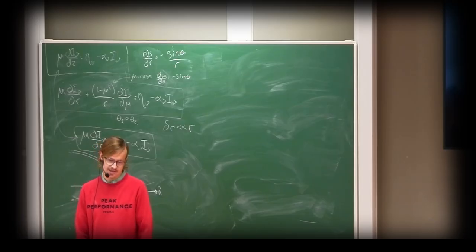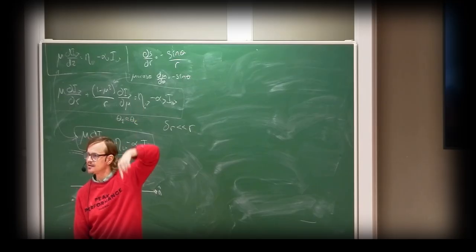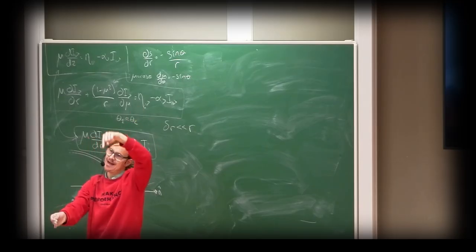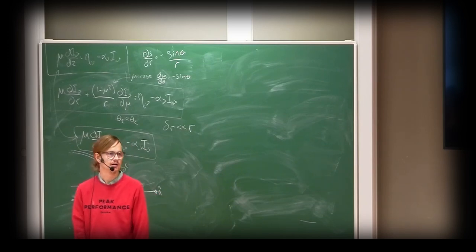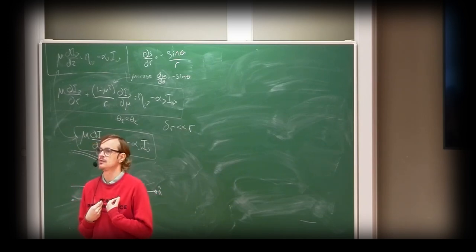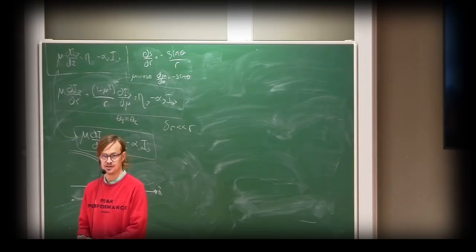It essentially means that the downward force of gravity is balanced by an upward pressure gradient, which for the very massive stars that I work with can actually be dominated by the radiation pressure gradient. Here on the Earth, it's the gas pressure gradient.